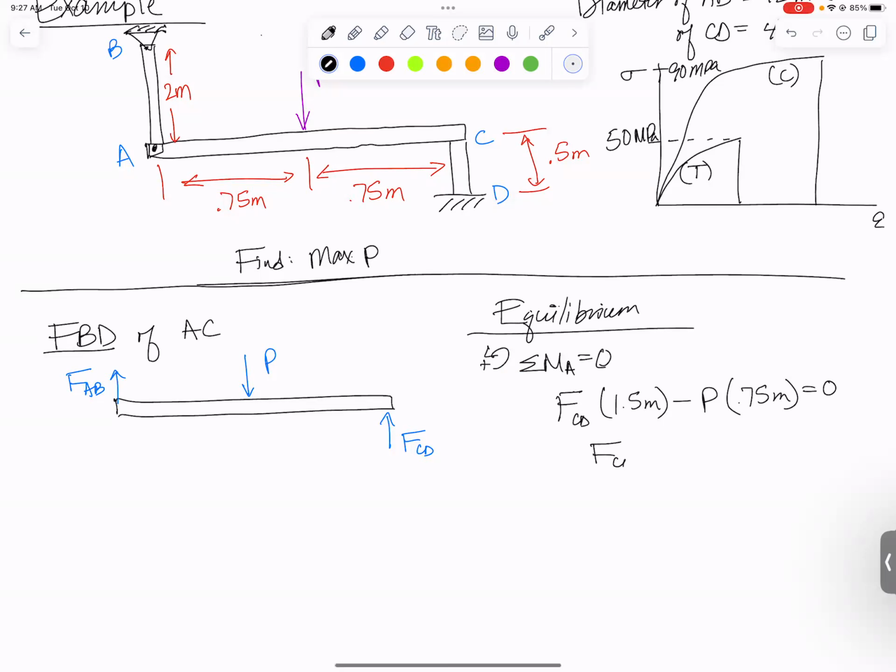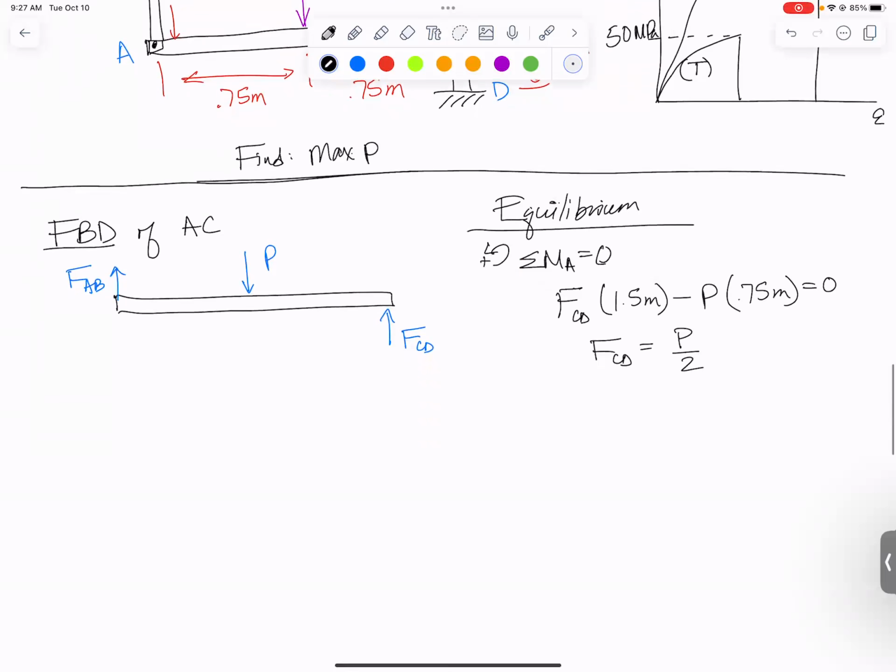So the force in CD should be P over 2. And then if I sum forces in the y direction, I get that the force in AB plus the force in CD minus P equals 0. So the force in AB is also P over 2. You might have been able to figure that out without writing the whole equations out, but we have a relationship now between the internal force in member AB and the internal force in member CD and the applied load P.